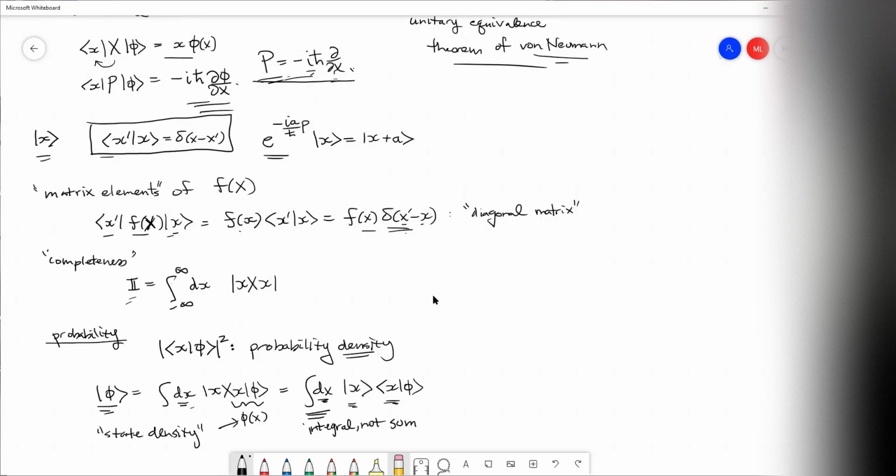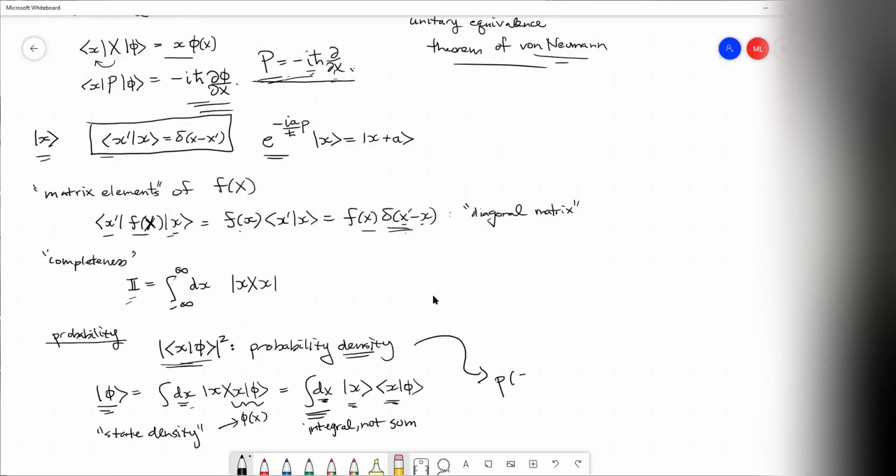And in a similar way, when you take the state density and take the magnitude squared, you get a probability density, which is just the wave function squared.